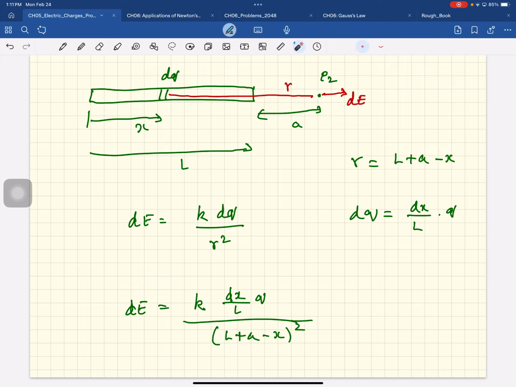So the electric field due to this piece has been written in terms of x. For the entire rod, you just add up the electric field due to all these little pieces, and that's doing an integral.